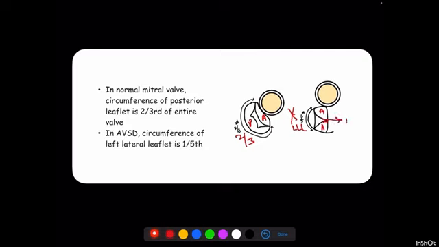In AVSD it is towards the interventricular septum, whereas in the case of an isolated cleft in the mitral valve, the direction of the cleft is towards the aorta. Isolated cleft has reported cases postnatally, but isolated mitral cleft detection in the antenatal period is very rare.